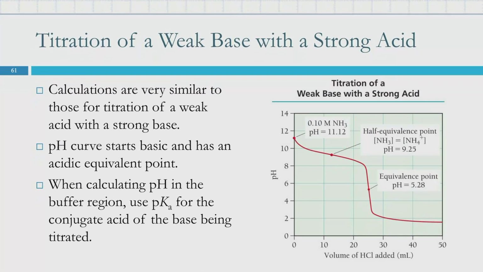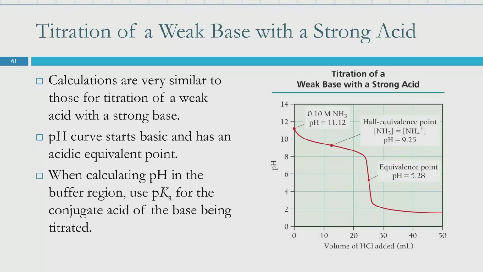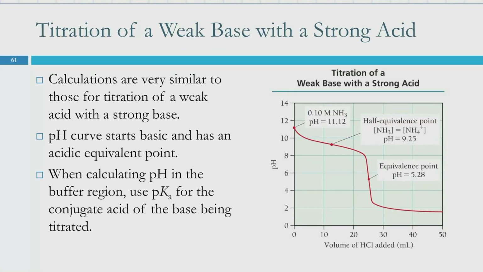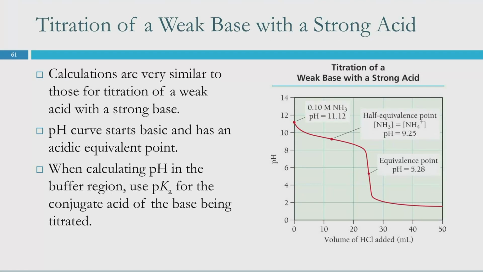We can also do titrations of a weak base with a strong acid. It's going to be similar but kind of opposite. So we're going to start basic, and then the equivalence point will be acidic because we're making a conjugate acid at the equivalence point.